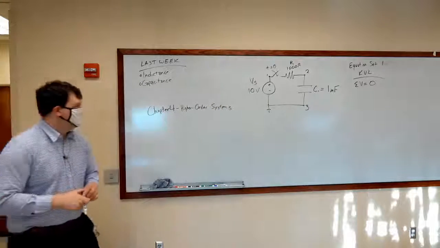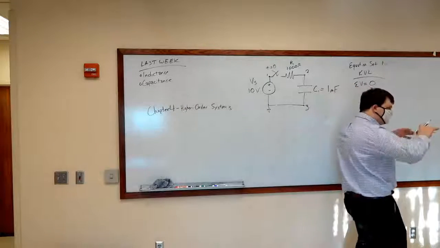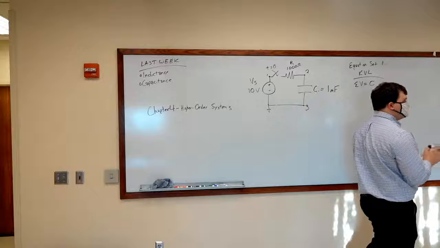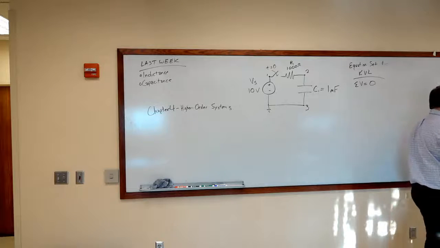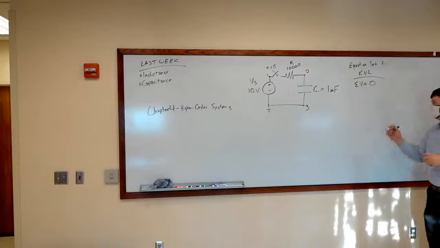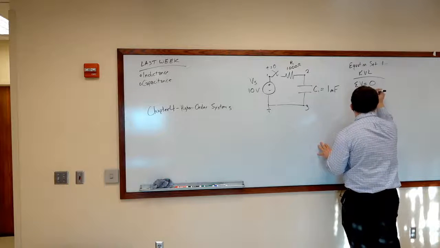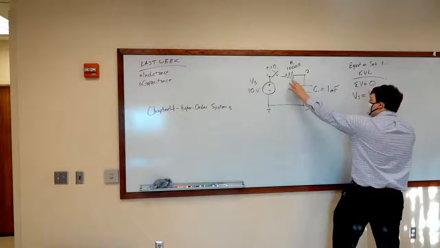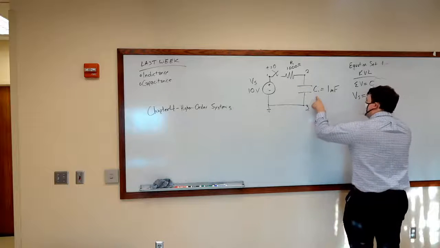Okay, how many loops do we have in this system right here? We have 1. So what is our KVL equation set, which is only going to have 1 equation? Well, here, we don't have an inductance, but we do have a resistance and a capacitance.